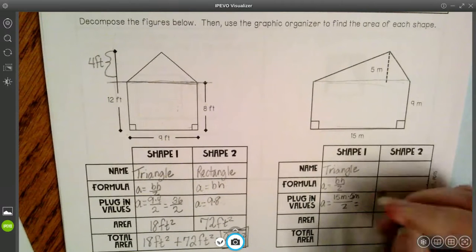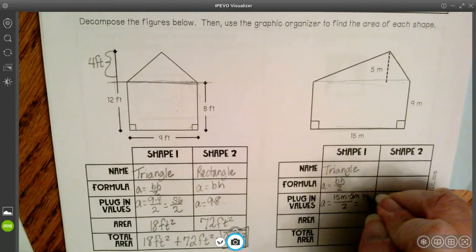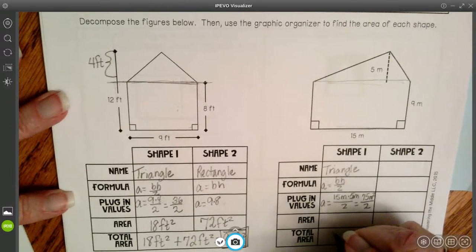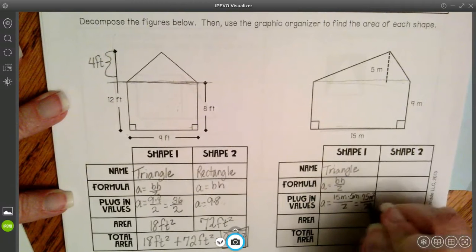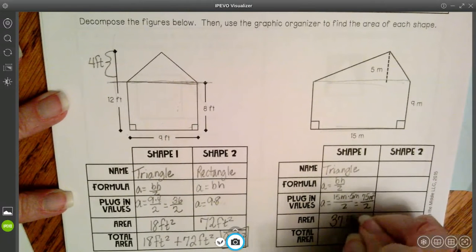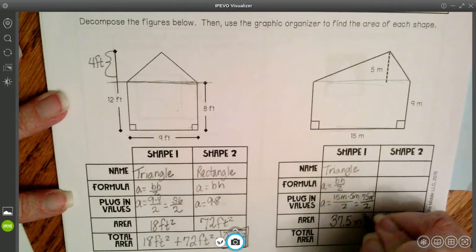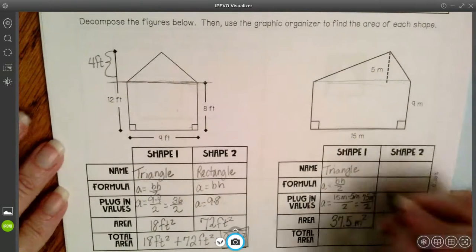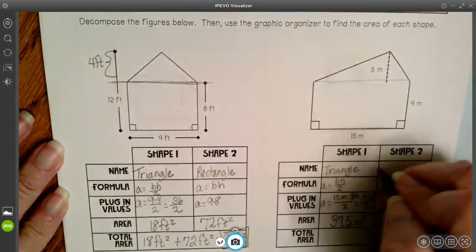Okay, and 15 times 5 is 75. Meters times meters is meters squared, divided by 2. And that area is 37 and 5/10 meters squared.